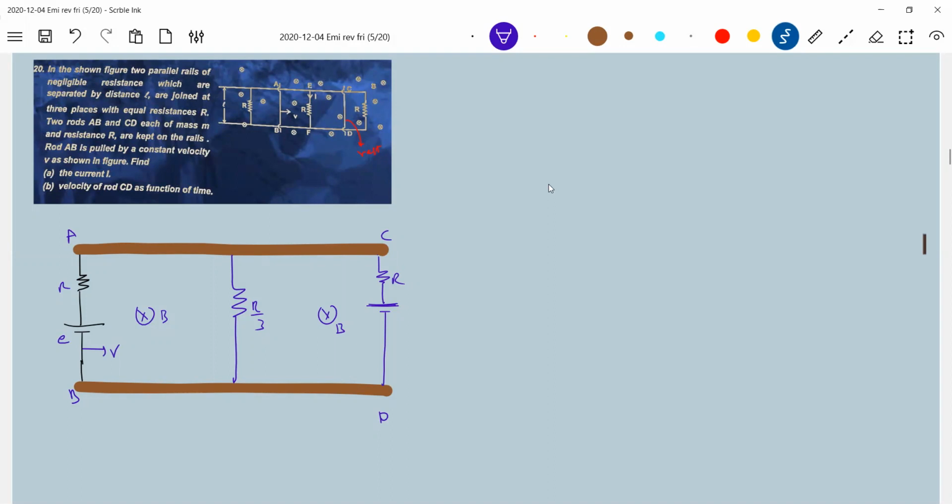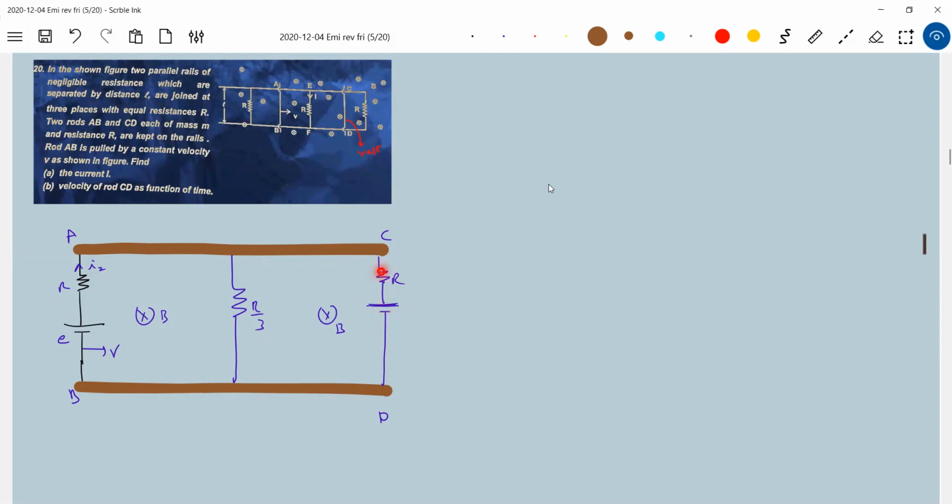So here the current, let me take I2. You can take any symbol. Then this current I2 will branch. A part of the current will flow here, and the remaining part of the current has to flow here.